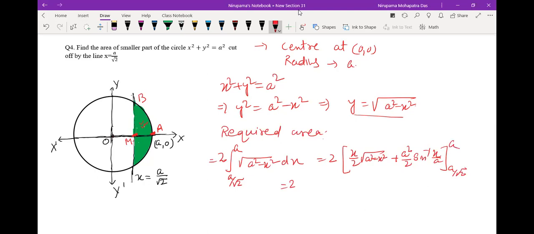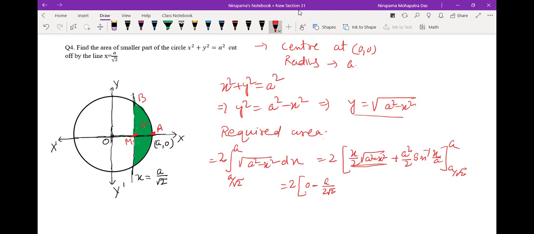Whenever you take the value at a, it will be 0. So it is 0 minus the value at the lower limit.